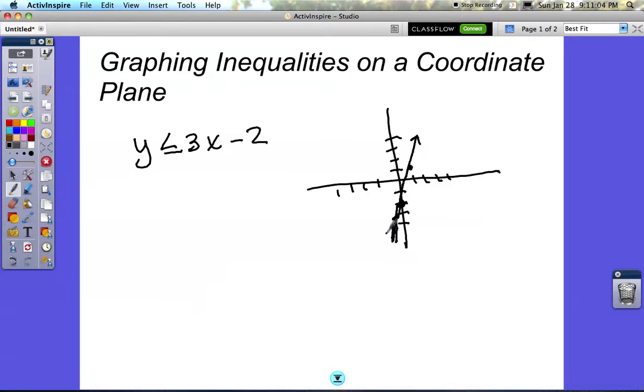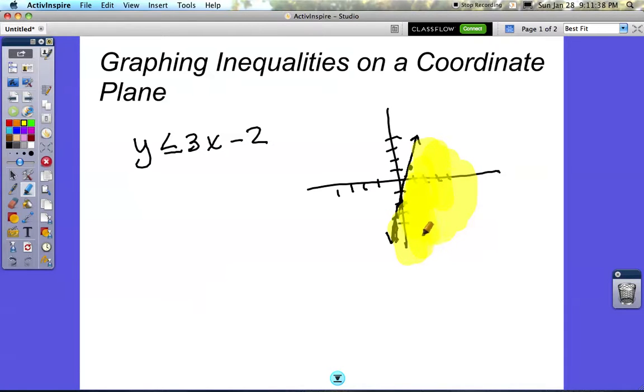Now, I'm going to put my pencil somewhere on the line. Now, what is my inequality? Greater than or less than? Less than. So, where would I go? Above this line or below this line? Below. And I want you to shade as much as you can, to show along that side.